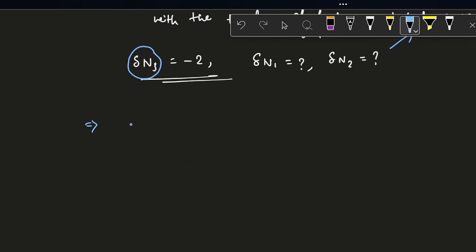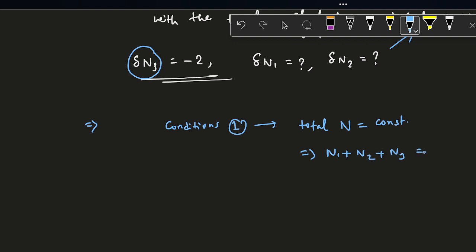If you now go on and mathematically solve it, then it is pretty simple, just two conditions are there, right? Those two conditions will help us get it. So condition number 1 is that the total number of particles is constant, or n is equal to n1 plus n2 plus n3 equal to constant. And how much is it?